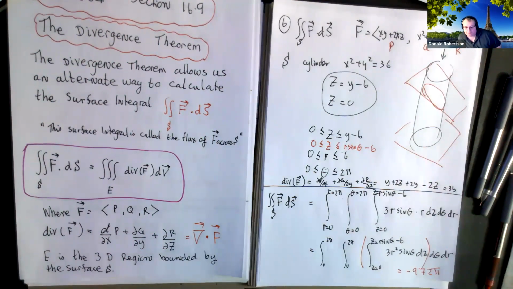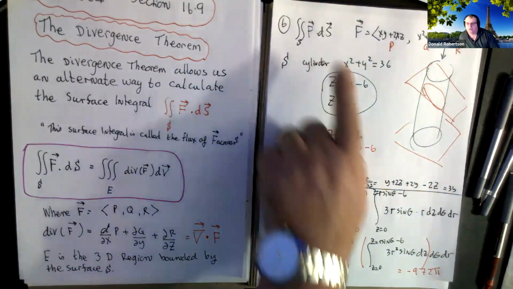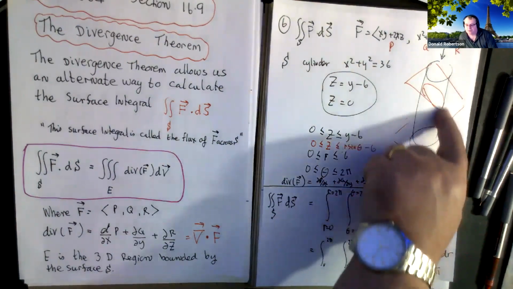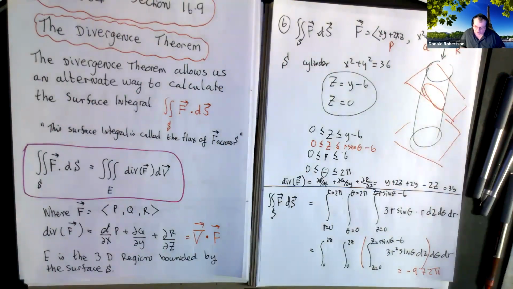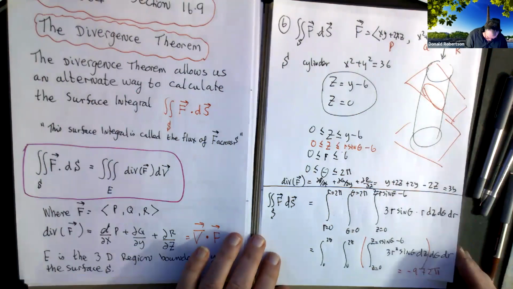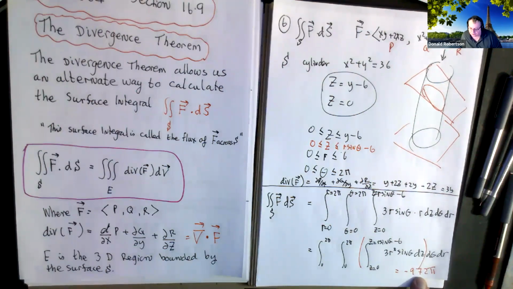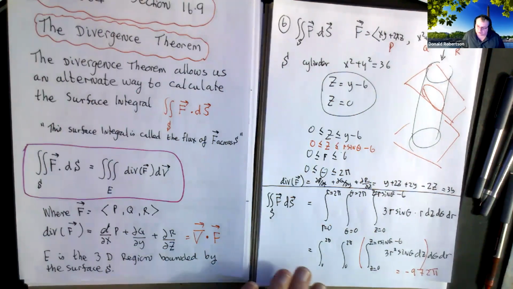So according to the divergence theorem, the flux going through this three-dimensional shape. So you imagine vectors coming in, vectors leaving. What's the total net effect? It's a negative 972 pi. So fewer things are coming out than are going in. Or is that the other way around?